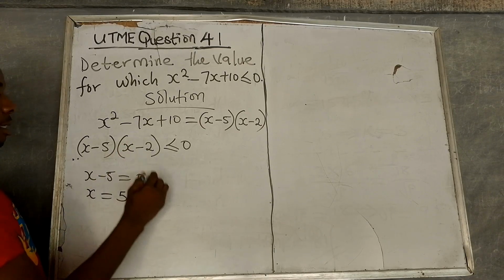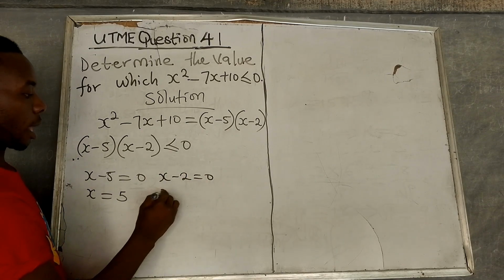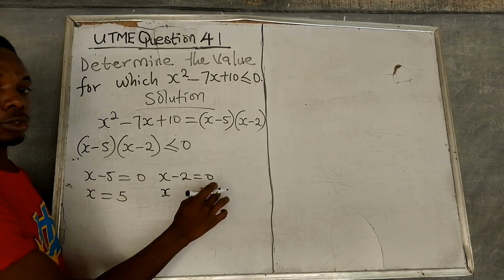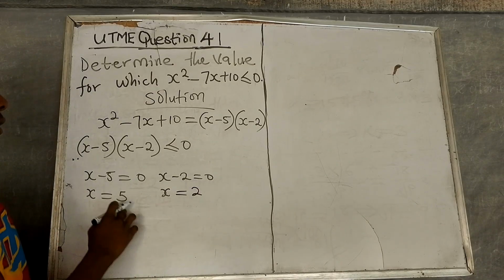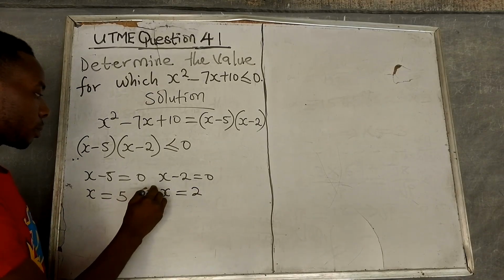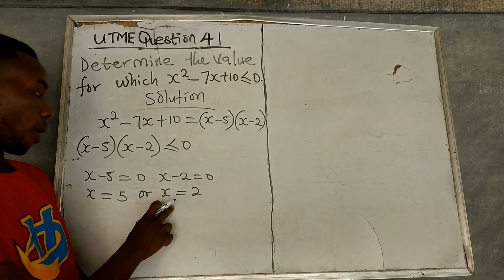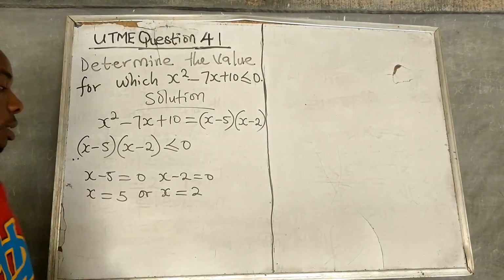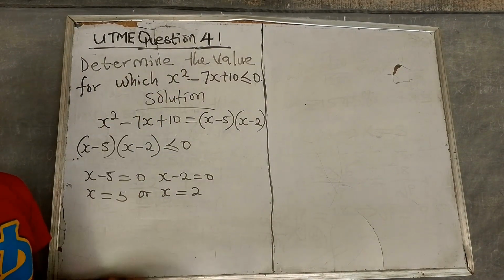And since x minus 2 is equal to 0, the minus 2 moves to this side and becomes positive 2. So x is equal to 5 or x is equal to 2. These are the values that this x can be.